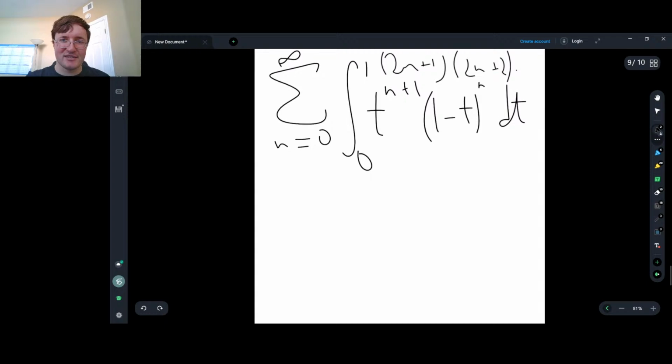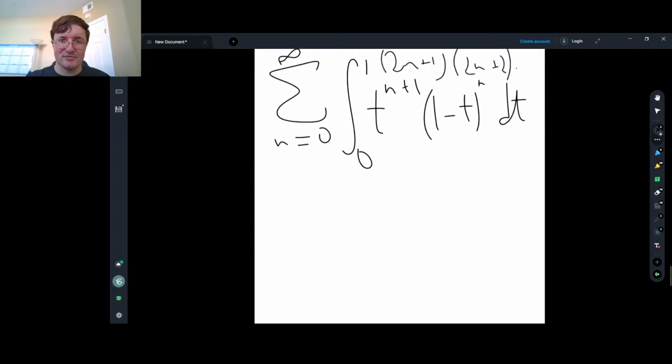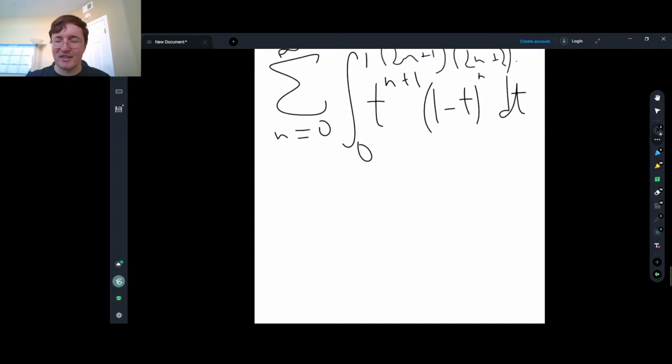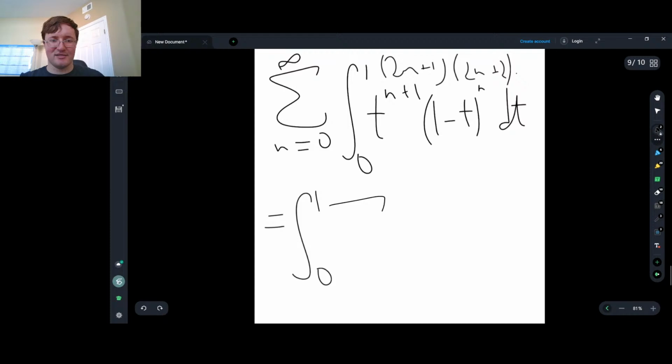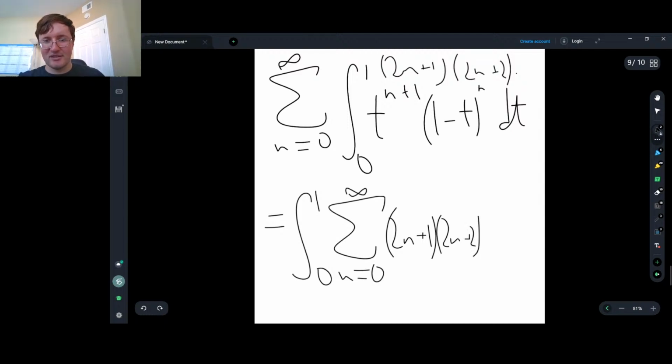Okay, so now I can write this as a power series, so it's the integral from 0 to 1. I'm changing the order of summation. Sum from n equals 0 to infinity of 2n plus 1, 2n plus 2, t to the n plus 1, 1 minus t to the n, dt.